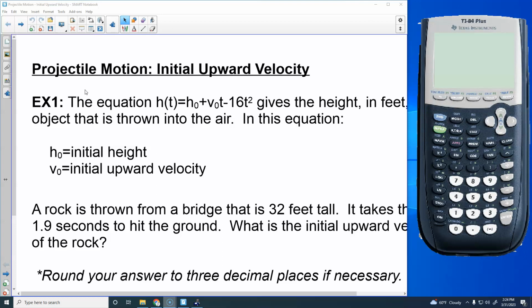The problem with a radar gun, for the problems that we're going to be looking at, is that a radar gun is going to give you the speed of the object that you are looking at. But unless that object is going straight up into the air, so you have thrown this ball or this pumpkin straight up, it still does not give you initial upward velocity.